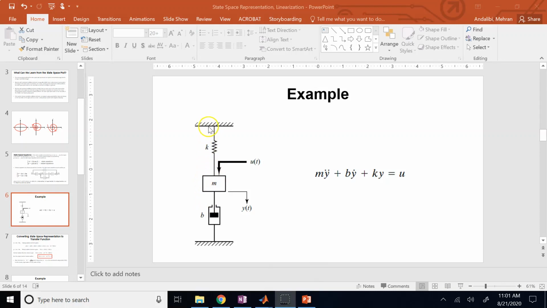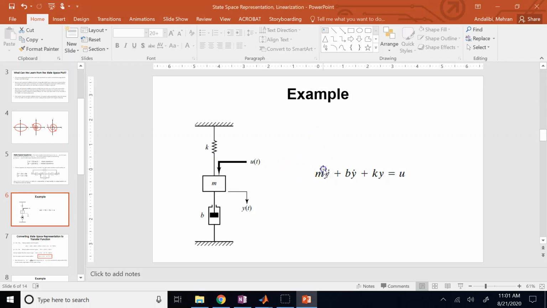So the mass is connected to the ground with a spring and damper. There is an external force U that is applied to the system, and then the position of the mass is measured from equilibrium. So first you let it come to equilibrium, then you apply your input force and measure Y. So Y is not measured from the initial position. It is measured from equilibrium, and I'll tell you what's the importance of that.